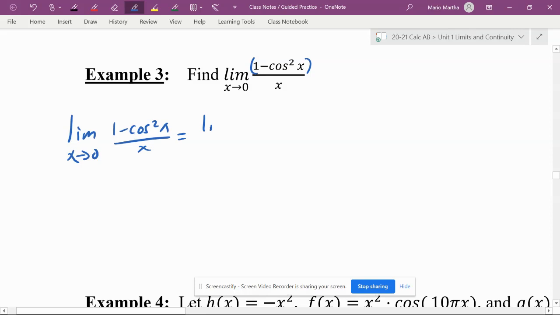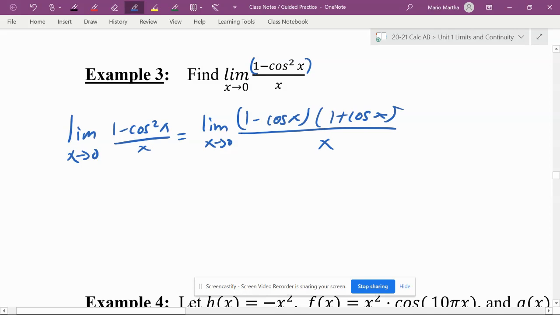So difference of 2 squares, the limit as x approaches 0 of 1 minus cosine of x times 1 plus cosine of x, and then everything divided by x itself. All right, so that was the trick right here. In this case, we can factor it. It may not look like a difference of squares, but it is a difference of squares.